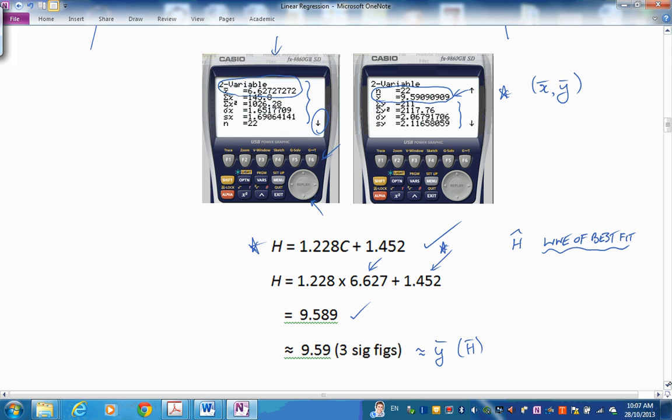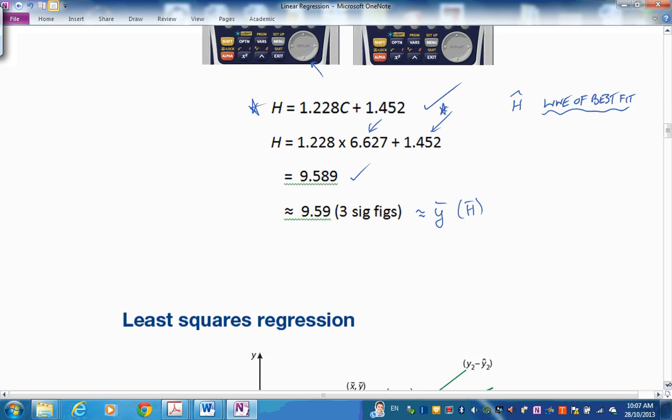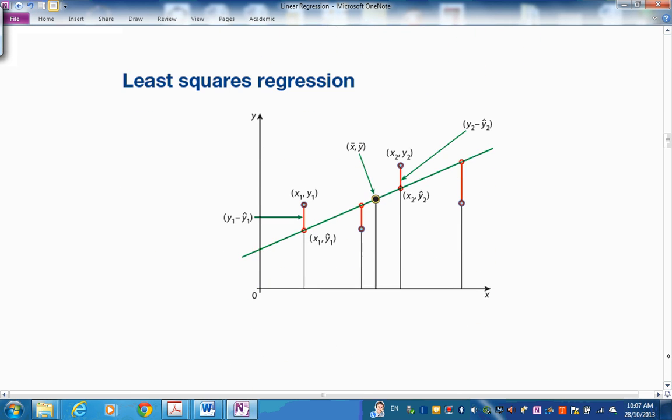Okay, let's do some more. Come down and have a look at this one now. How do they do least squares regression? Well, to fit this line under least squares regression, the process is this. You want a green line there which minimises the sum of the deviations of the points away from the line.